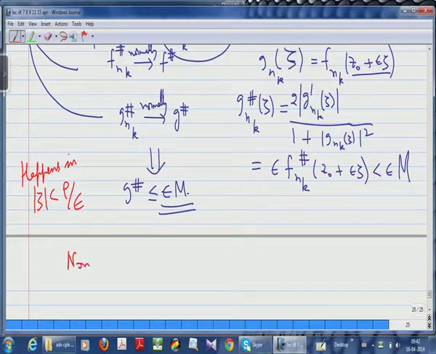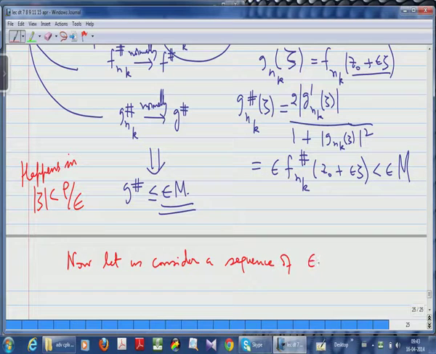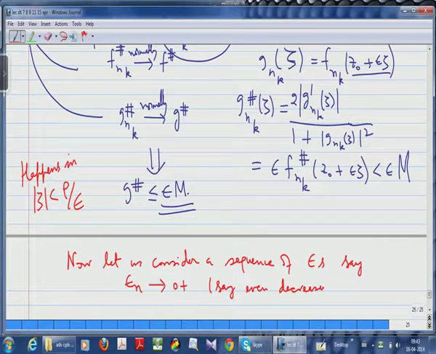Now let us consider a sequence of epsilons, say epsilon n going to 0 plus, so they are all positive quantities, and let me say even decreasing.